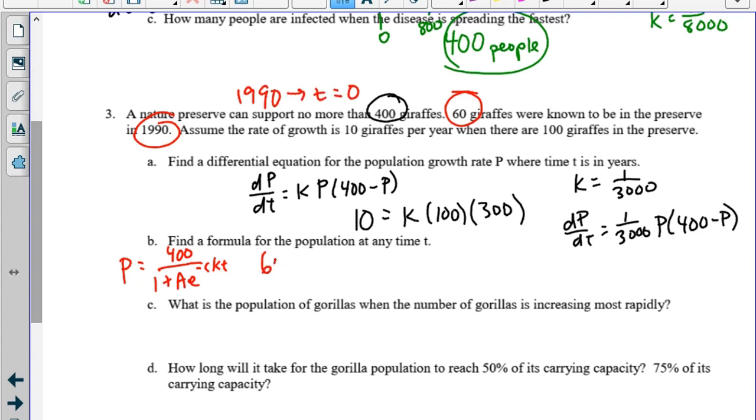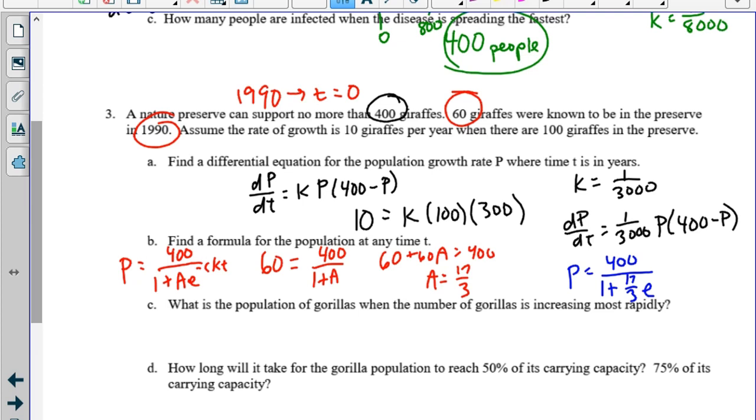So I can say 60 equals 400 over 1 plus A. Notice that e to the 0 is 1. Multiply over, so I get 60 plus 60A equals 400. Subtract 60, divide by 60, I get 340 over 60, which is 17 thirds. So my final answer is P equals 400 over 1 plus 17 thirds times e to the negative C K T.